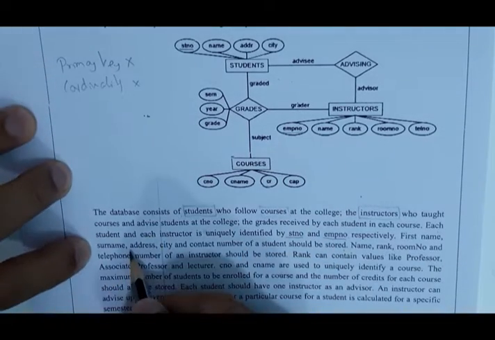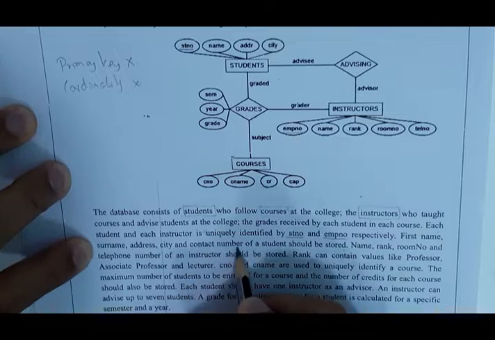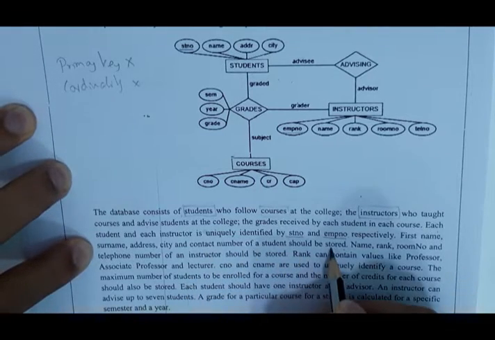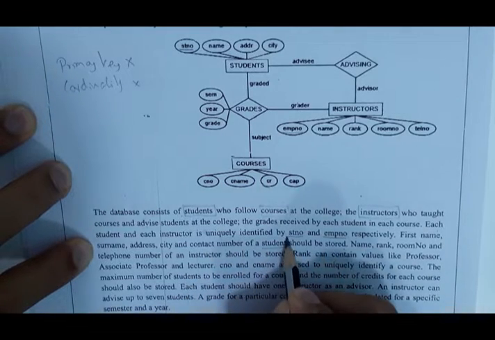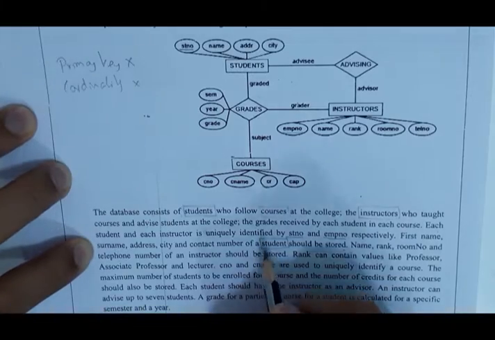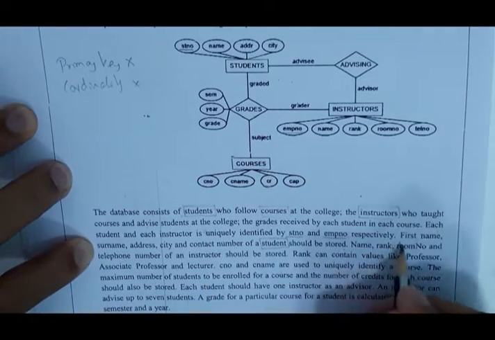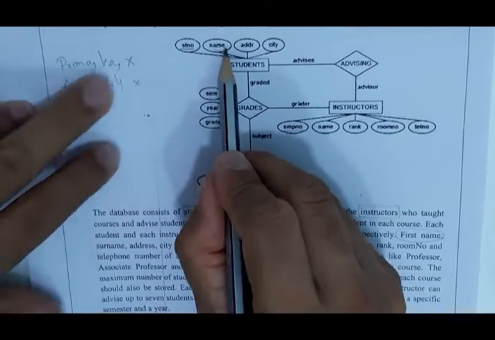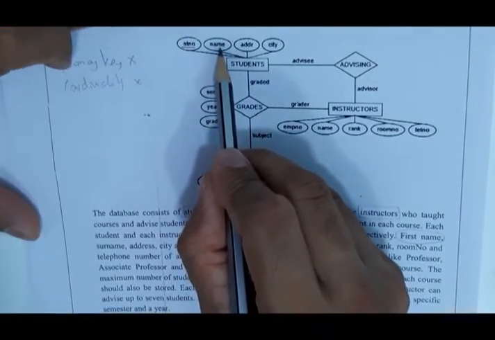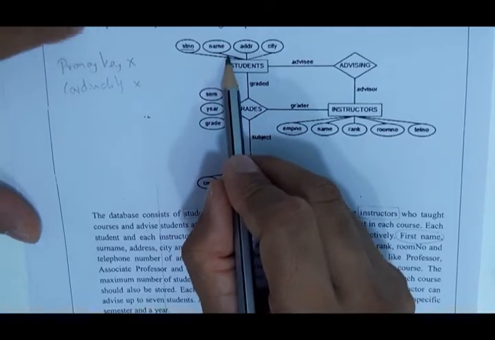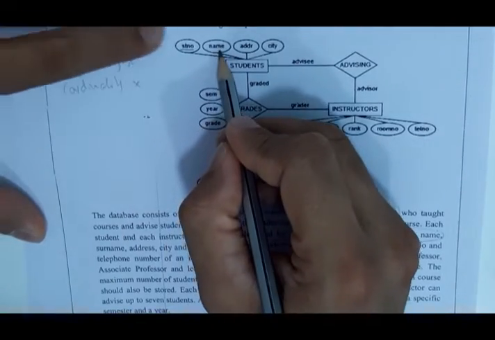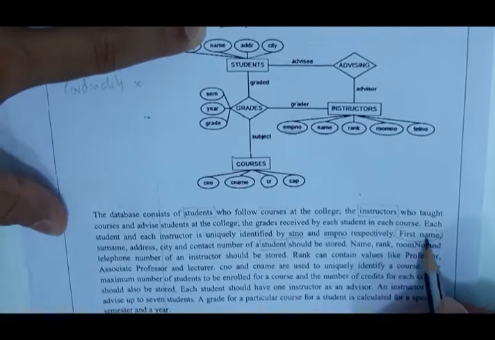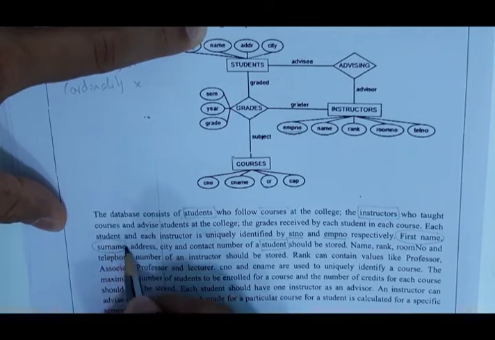First name, surname, address, city and contact number of a student should be stored. That is talking about the attributes allocated for student. What are they? First name. We don't have first name. Instead we have name. Isn't that the other mistake in the ER diagram? Yes, just having name without having first name. Not only that, we have the surname as well.